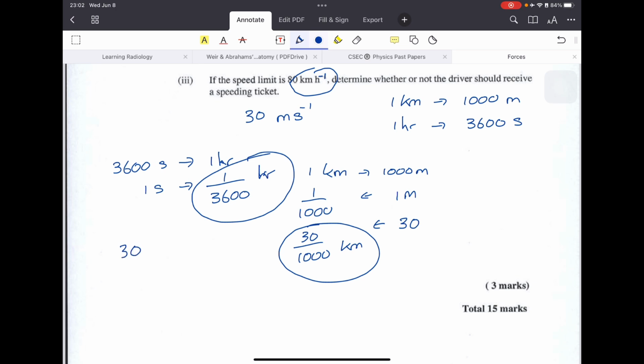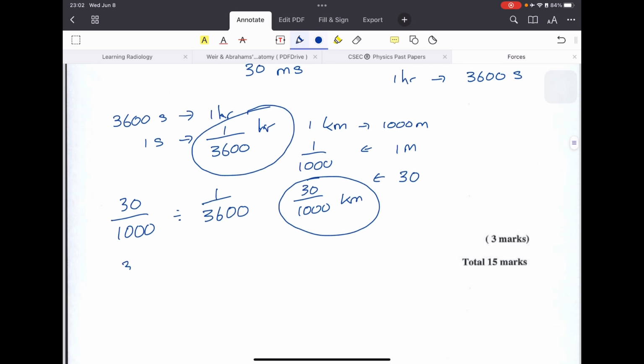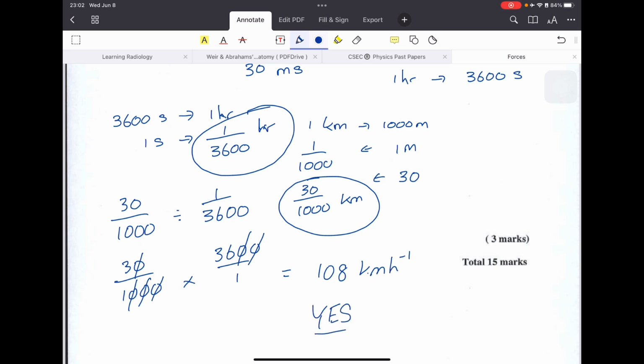So 30 over 1,000 divided by 1 over 3600, and when we are dividing fractions, we simply flip it and multiply. So it's going to be 3600 like this, and these zeros could all cancel off. So we end up at 36 multiplied by 3. Let's whip out my calculator here. That is 108 kilometers an hour. So yes, he should get a speeding ticket.